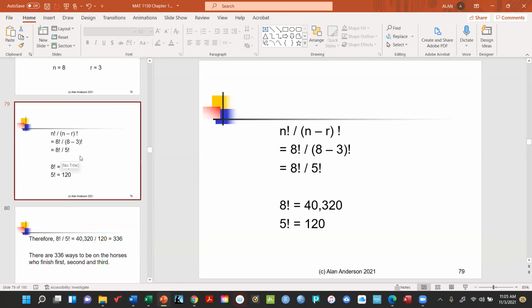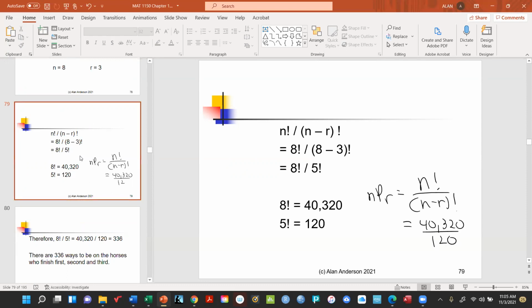Therefore, the ratio of these two is 40,320 over 120, and that turns out to be 336. So there are 336 different bets that we can place on the horses when there's 8 of them and we have to pick 3.